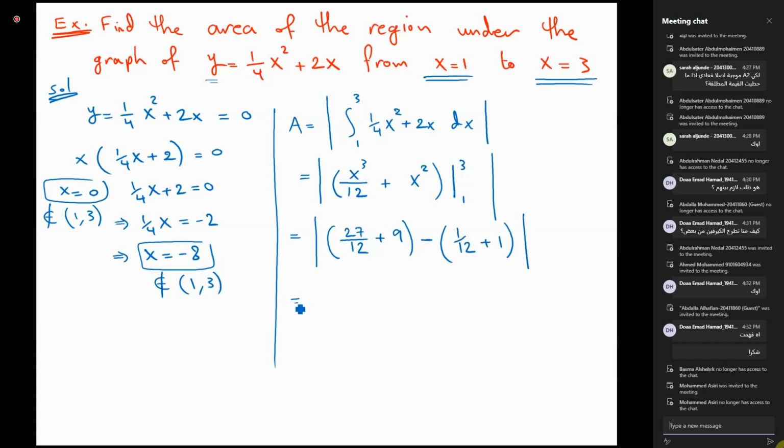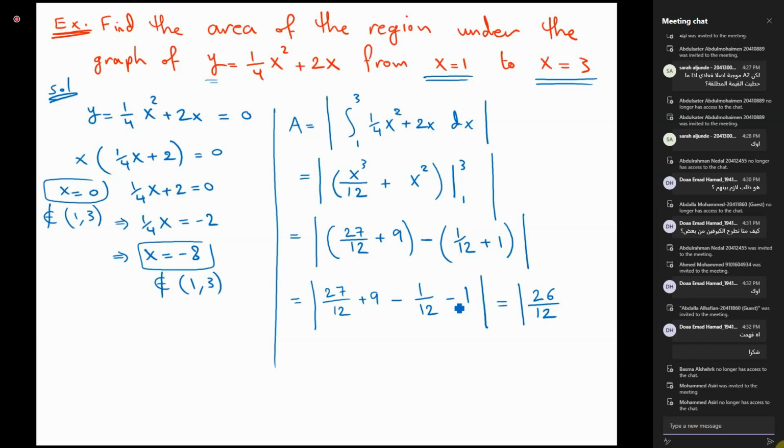This equals 27 over 12 plus 9 minus 1 over 12 minus 1. This equals the absolute value of 27 over 12 minus 1 over 12, 26 over 12, and 9 minus 1 plus 8.